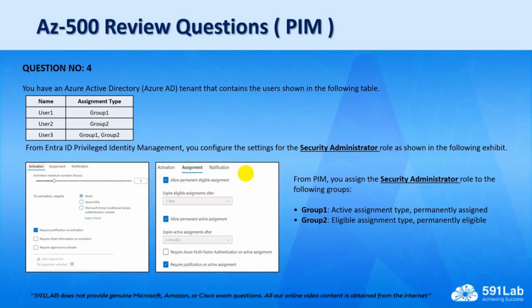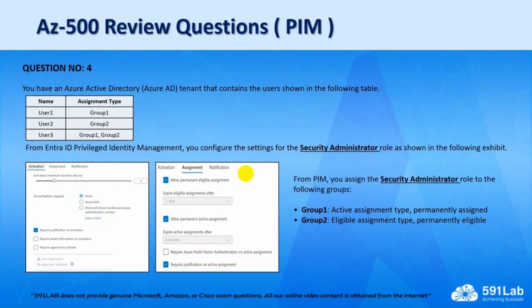Good enough. Let's look at the settings. We have activation settings here, and then we have assignment settings. Okay, so just have a read. The activation maximum duration here is 5 hours. Fine. And there is no MFA enforced here, which is also fine. The next option is require justification on activation.